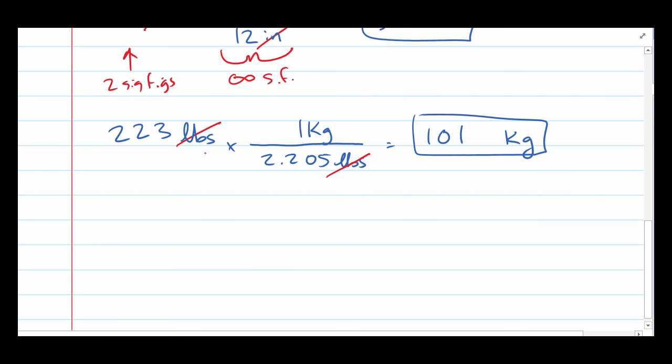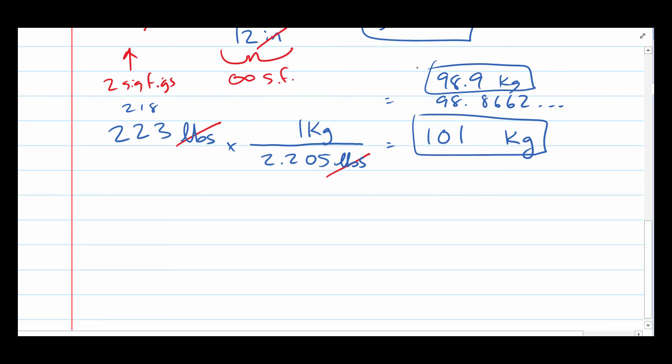Now, if I did my weight from last year, my weight last year was 218, and it would have given me, let's see, 218 divided by 2.205, 98.8662, etc. I want to round this off to 3 significant figures. I'd round it off to be 98.9 kilograms is the answer that I would have come up with.